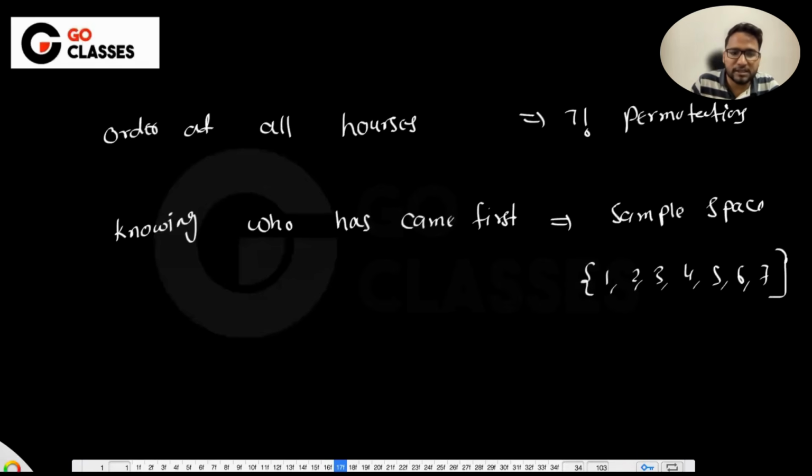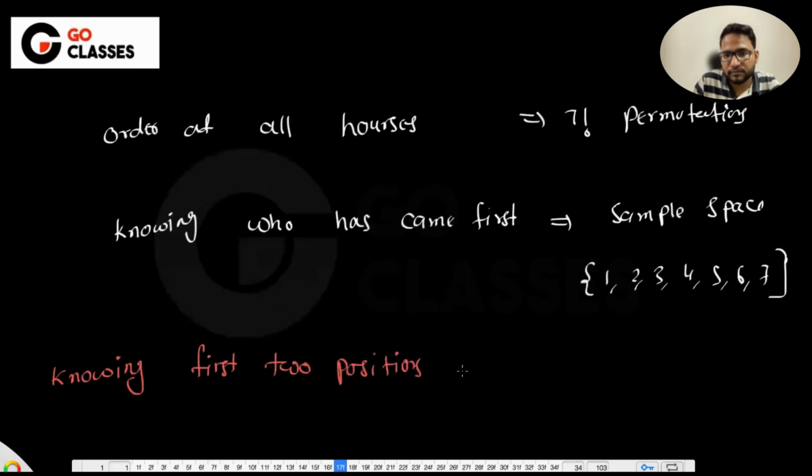Suppose our interest is in knowing the first 2 positions. Then what is the sample space? The sample space will be 7 into 6, I mean the number of elements in the sample space will be 7 into 6.